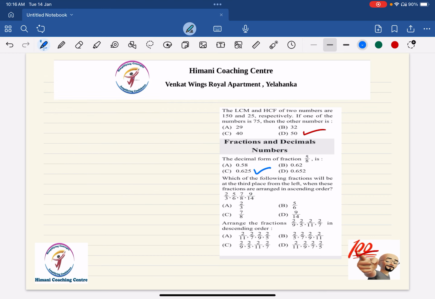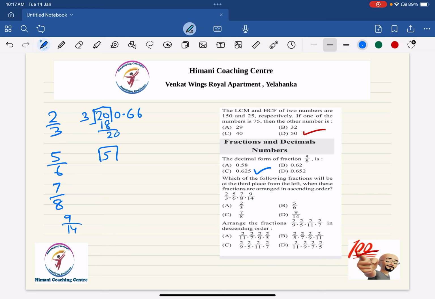It says which of the following fractions will be the third place from left when these fractions are arranged in ascending order. So students, whenever you are given these questions, sometimes taking LCM would be a longer method and you will waste time. So better is you divide and get the answer to two decimal places. So you divide 2 by 3, what will happen? So 0 and 0.2. So 3 6s are 18, again 2, so 0.66 we are getting.